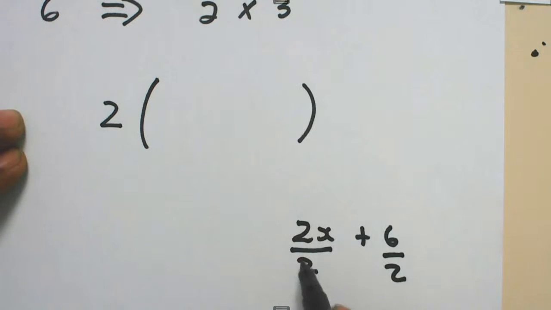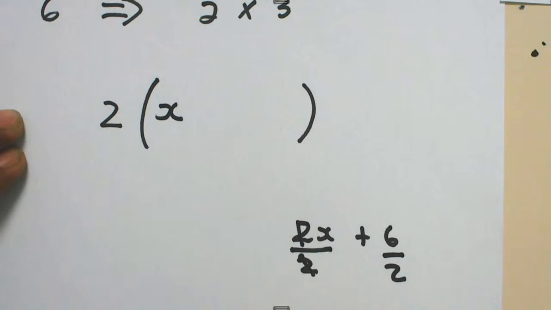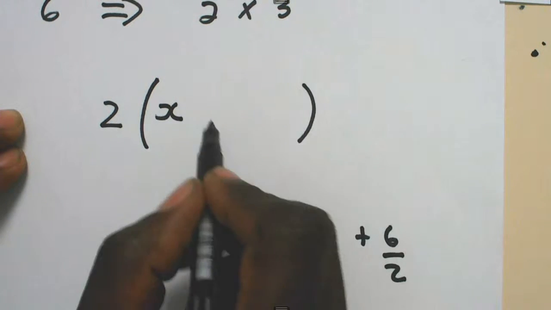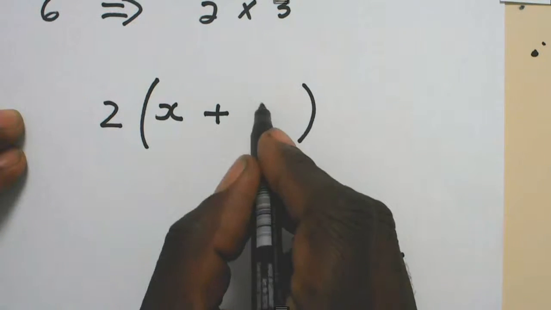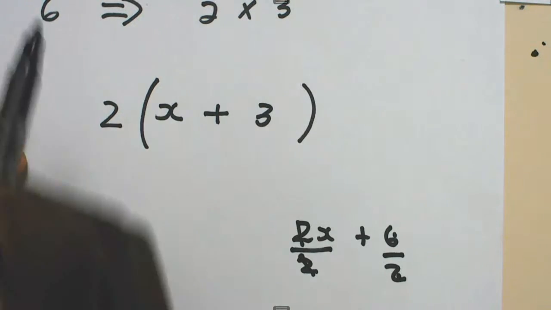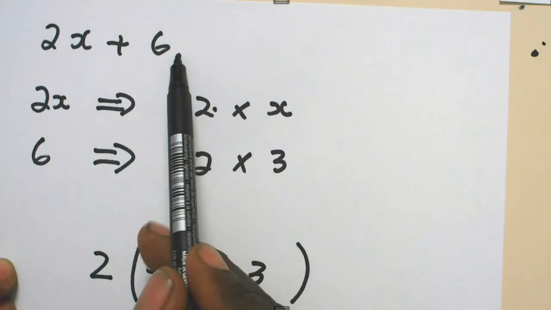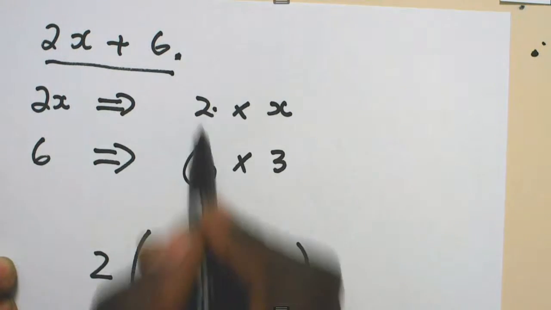If you divide 2x by the highest common factor, we have x, which must be written in the bracket. And plus, 2 goes how many times into 6? 3 times. Therefore, to get the expression inside the bracket, you divide the original expression by the highest common factor, which is 2.